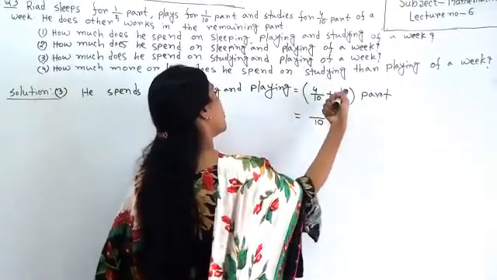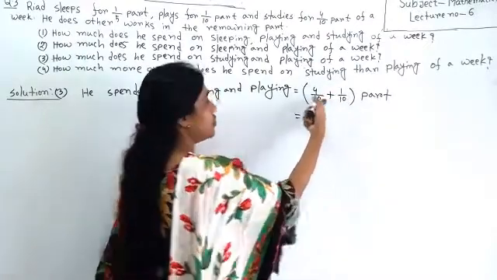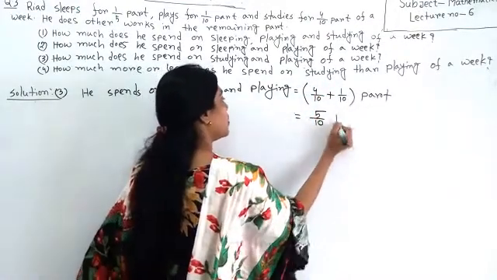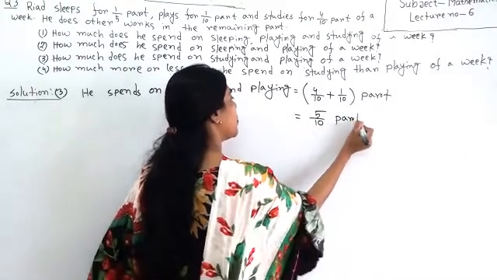The numerators are 4 and 1, so 4 plus 1 equals 5 divided by 10 part.